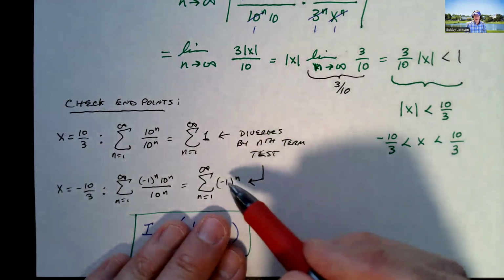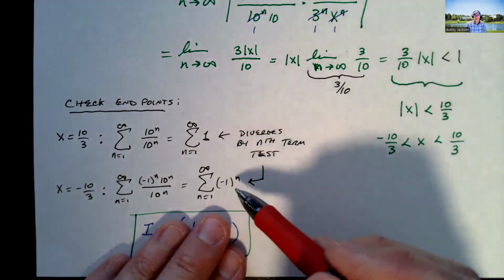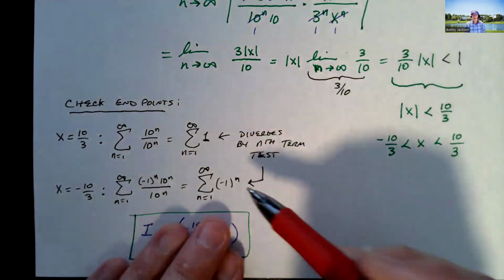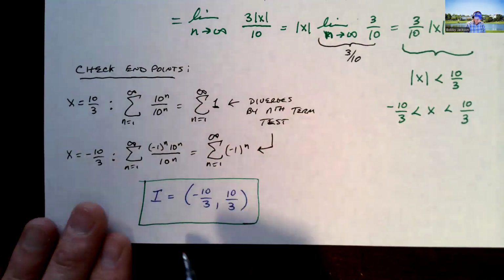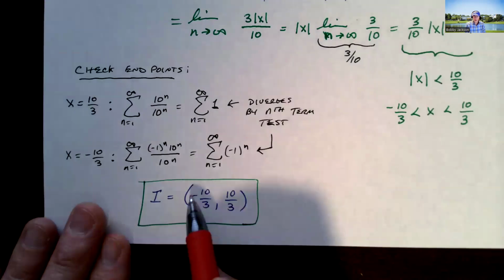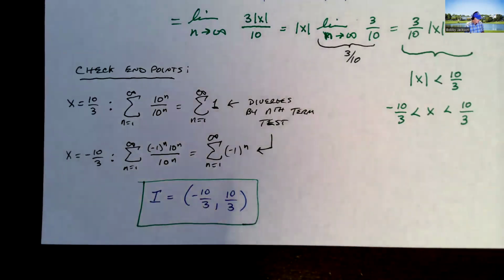And so that series here also diverges by the nth term test. So at both endpoints, the series is divergent. So in our interval of convergence, we're not going to include those. So make sure you read the parenthetical note about how to enter things. They want you to use interval notation, so we have to use parentheses to not include those endpoints.